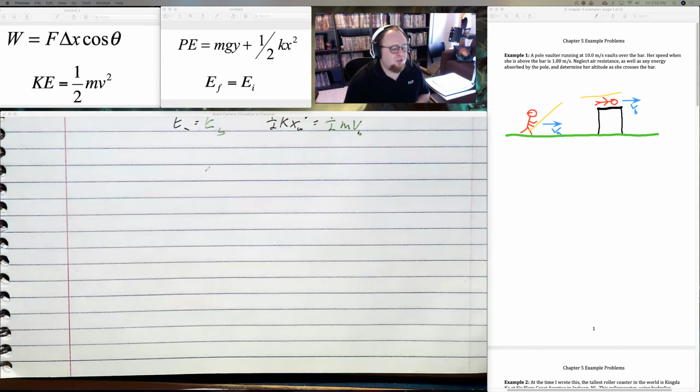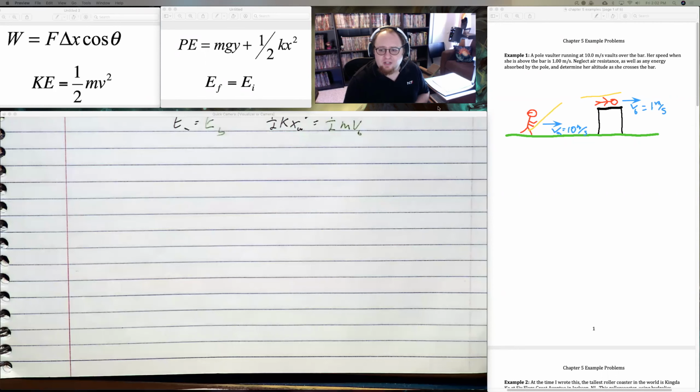Now, it doesn't seem like you should be able to figure this out. She's running and jumping, but we know the velocity down here. Velocity down here is 10 meters per second. And I know the velocity here. The velocity here is 1 meter per second. But what I have is someone changing height.